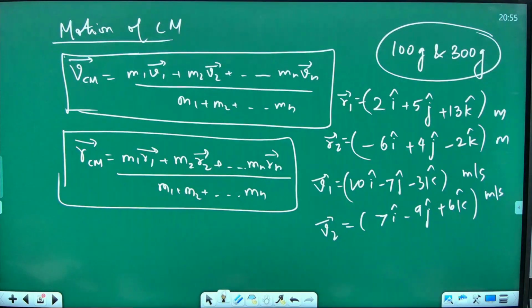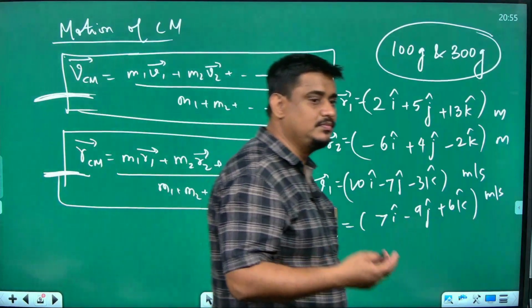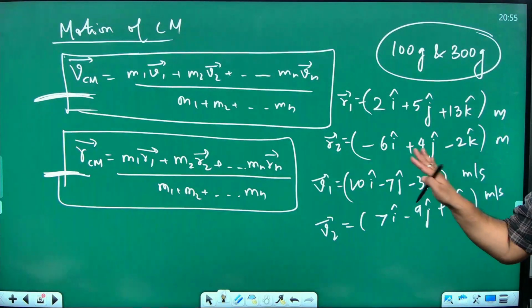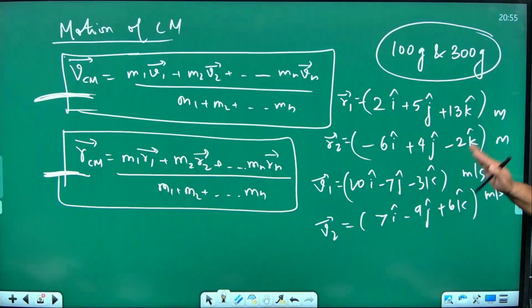Okay, Karthikeyan? So by using this formula you can find center of mass, by using this formula you can find velocity of center of mass. Is it clear to you? Yes, sir. Okay. You can solve it later. I think only multiplication thing is there, nothing big is there.